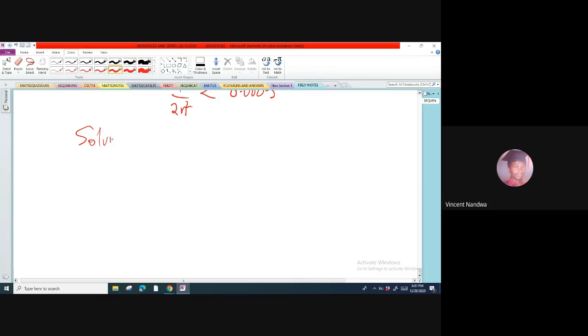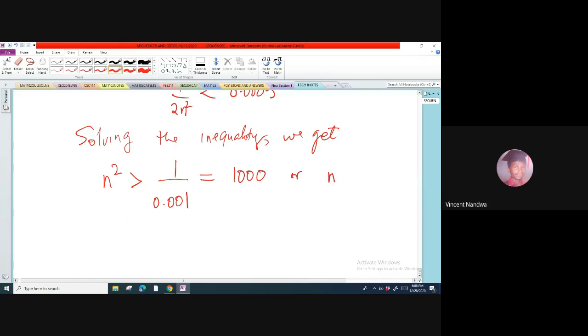Solving the inequality, we get n squared is greater than 1 over 0.001, which is 1000, or n is greater than the square root of 1000, which is roughly 31.6.